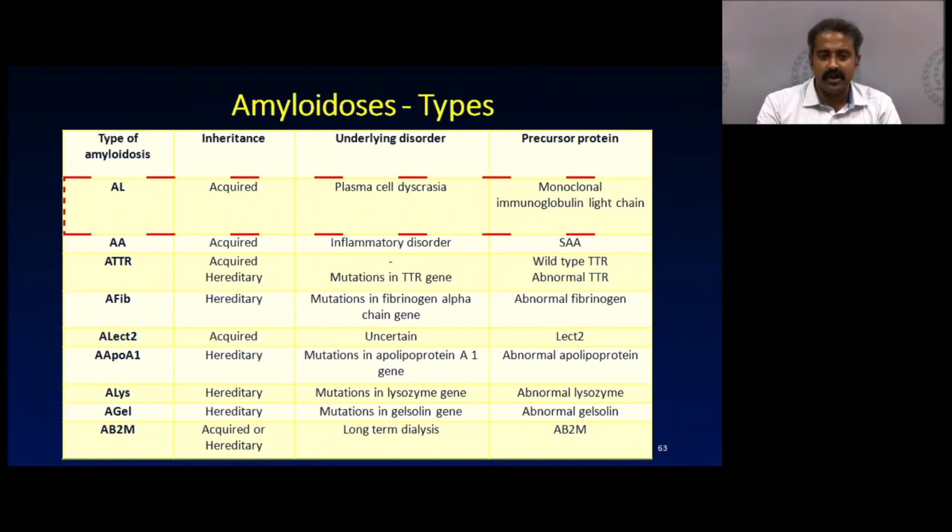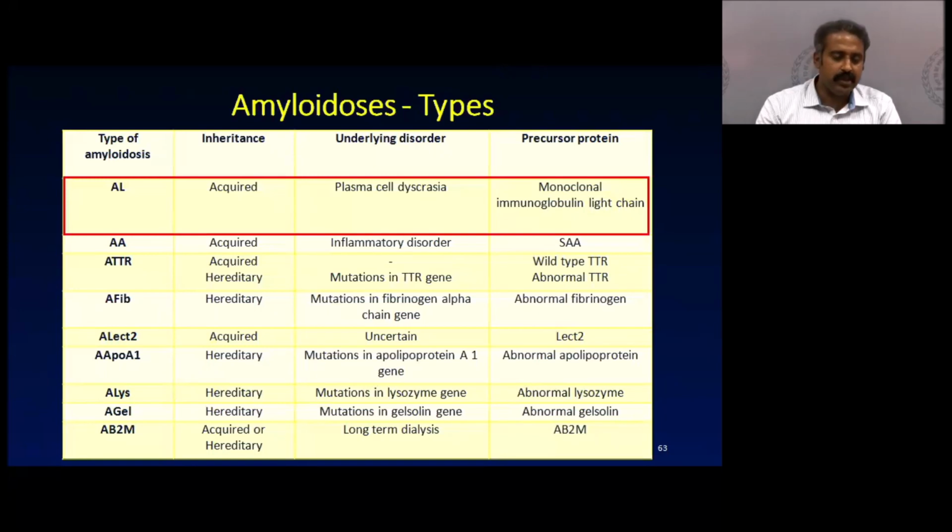The other rare amyloids are AA or the amyloid associated protein, ATTR or the transthyretin gene associated, amyloid fibrinogen alpha, amyloid associated with the LECT2 protein, apolipoprotein associated amyloid, lysozyme associated amyloid, gelsolin associated amyloid, and the A beta 2 microglobulin associated amyloid.